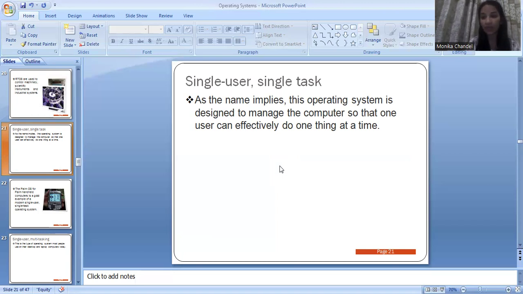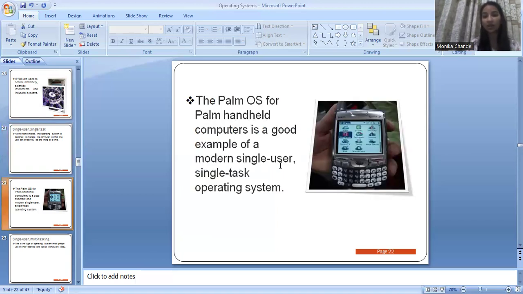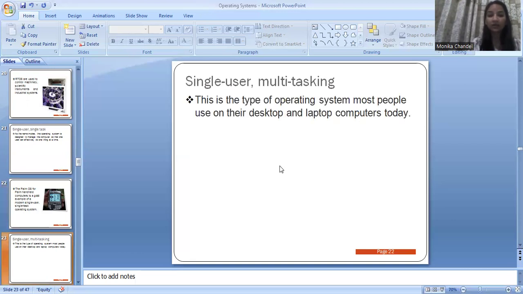There is no multitasking, no multiprocessing. Only a single user can perform a single task at a present time. At one time, only one task is performed by the operating system. Here is an example of a mobile phone. Only one person at one time can use the operating system.